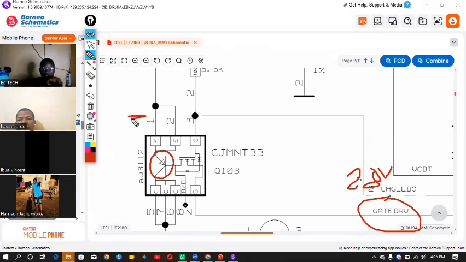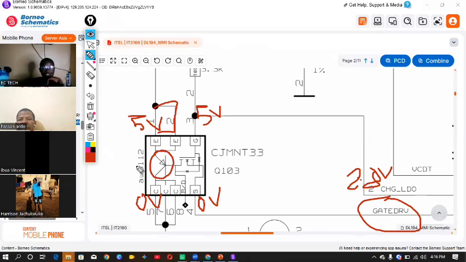So we have our 5 volts here at the 2 leg, and 5 volts here also, linked to P charge at the gate. But this collector will be 0 volts. This also will be 0 volts.